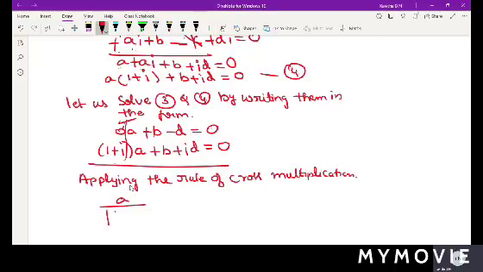In the first equation, the coefficient of b is 1 and the coefficient of d is minus 1. In the second equation, the coefficient of b is 1 and the coefficient of d is i.